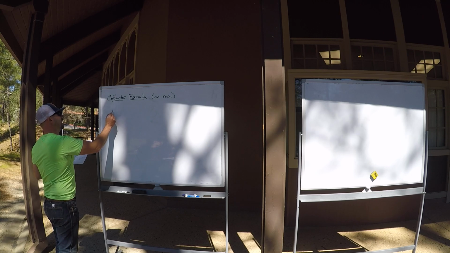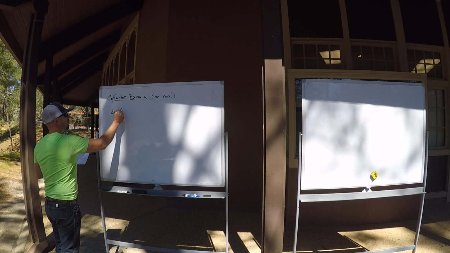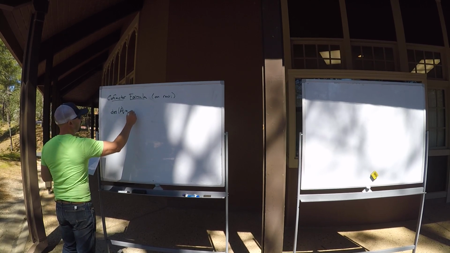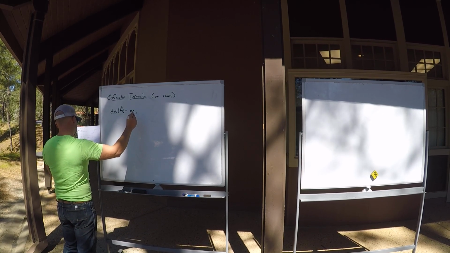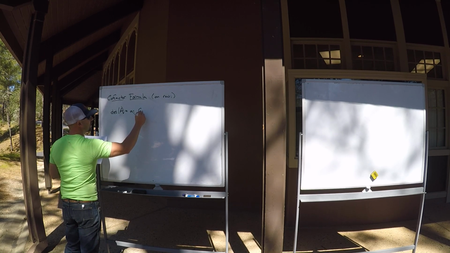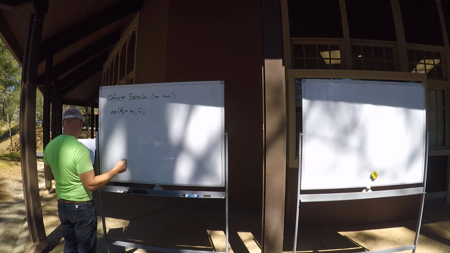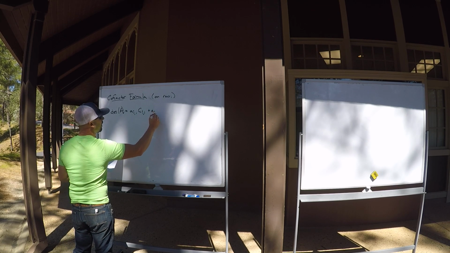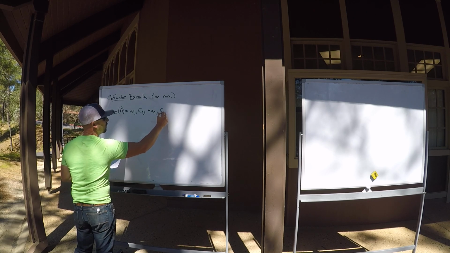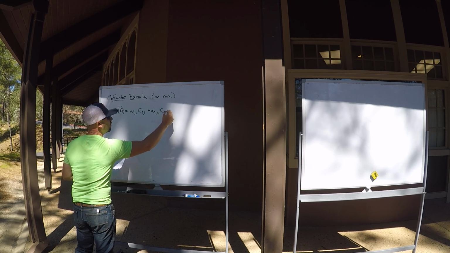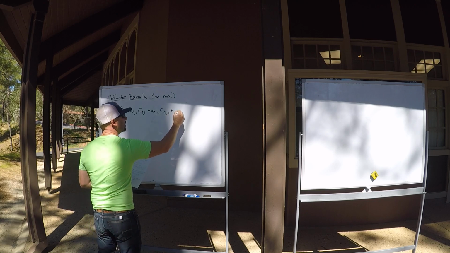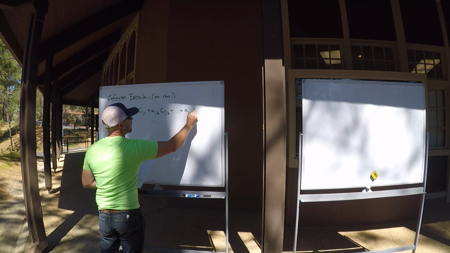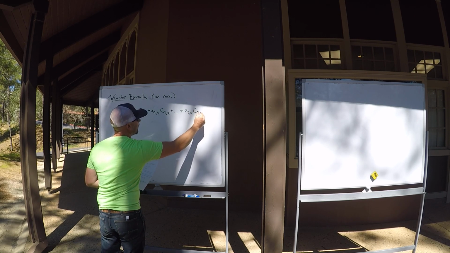We're going to say that the determinant of our matrix A is going to be A_I1 times the cofactor C_I1 plus A_I2 times the cofactor C_I2, and so on until we get to A_IN and the cofactor C_IN.